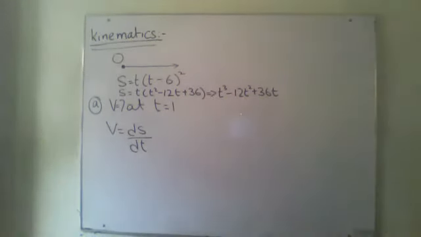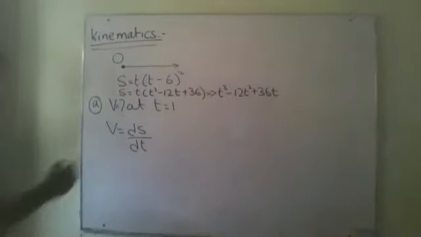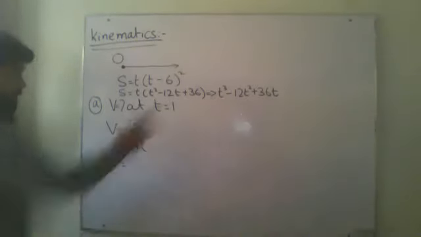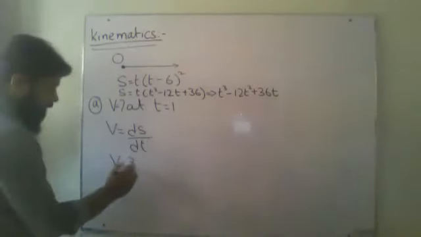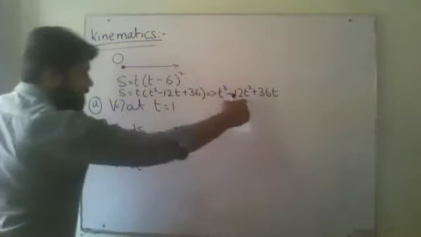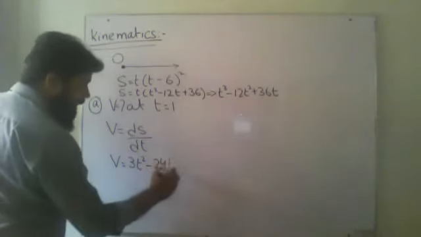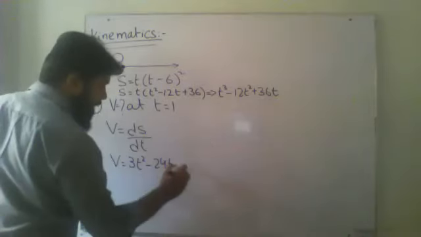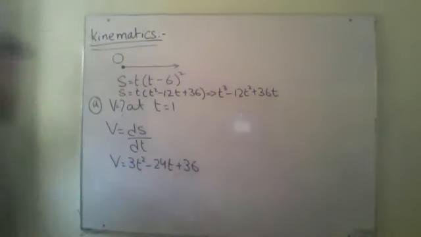So now when I am going to differentiate it, the differential of t cube will be 3t square, the differential of minus 12t square will be minus 24t, and the differential of 36t will be 36.